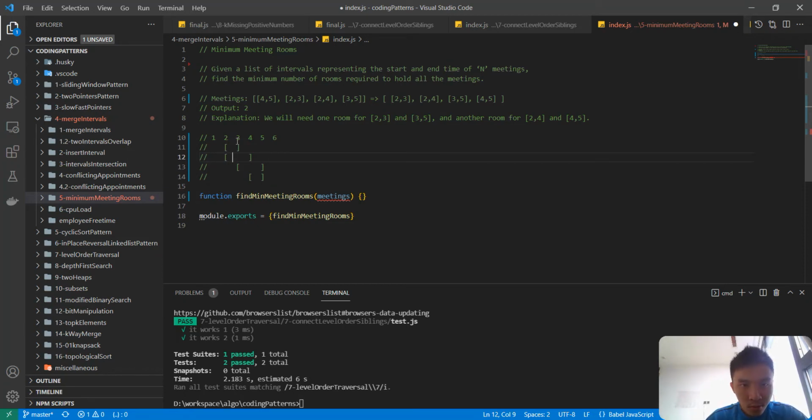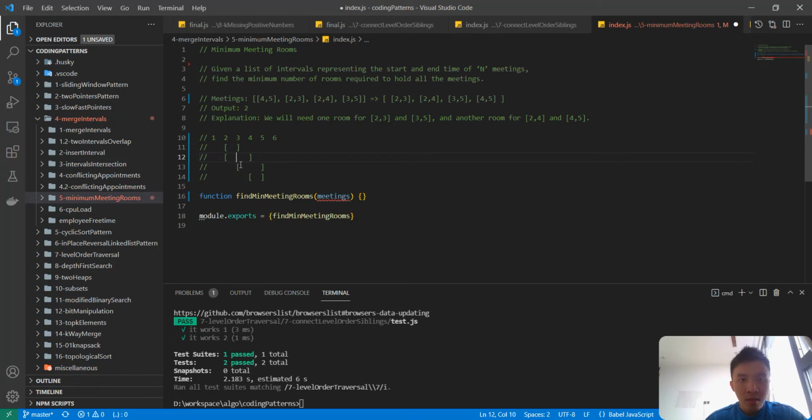So let's move on to 3, the next point. At 3, how many meetings are happening? As you can see, the first interval, 2 to 3, has already ended here.